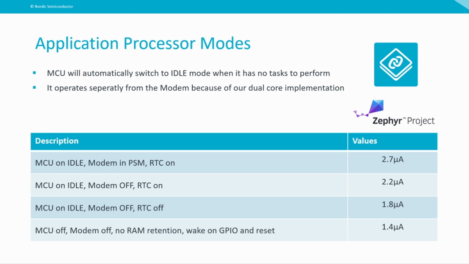And if you turn off the modem and the RTC, you will get 1.8 microamps with the MCU on idle. And when you turn the MCU off and modem off with no RAM retention and you have a wake on the general purpose input or reset, you are drawing 1.4 microamps.